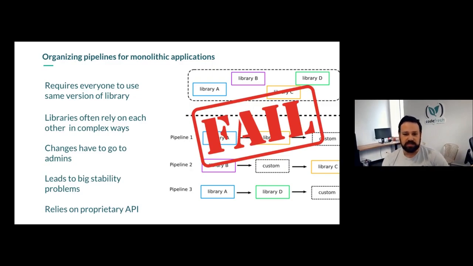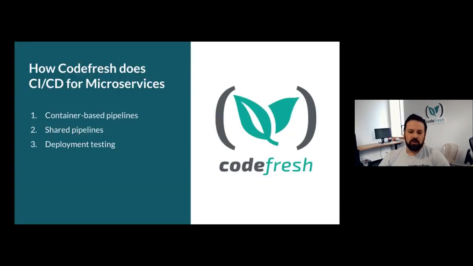And people used to maintain these huge libraries of VMs to do this stuff, and it's really challenging. And of course, changes have to go through the admins, which is a problem. There are lots of stability problems because of this shared library approach, and of course, it does rely on a proprietary API. So that's the problem set.